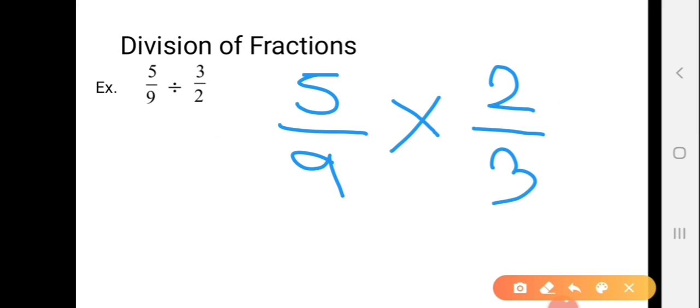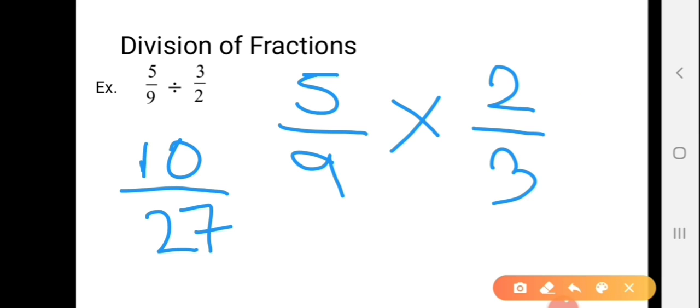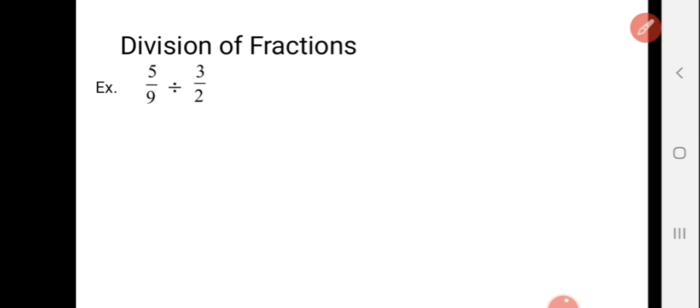So 5 multiplied by 2 becomes 10, by 9 multiplied by 3 is equal to 27. So our answer will be 10 by 27. It is simple, right? I will give you one more example.